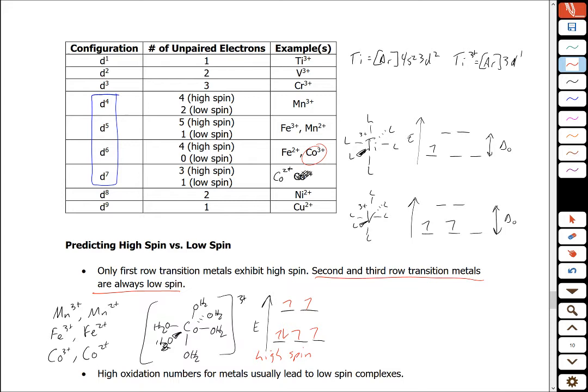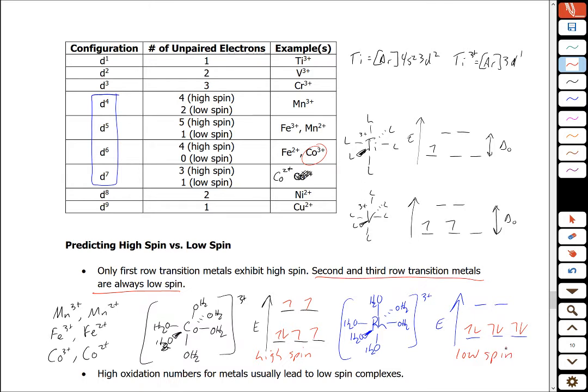It's high spin. If we did the same thing with the element right below cobalt, which is rhodium, and I put the 6 water molecules in there, and we talk about hexaaqua rhodium 3, and we draw the energy level diagram and put the electrons in, rhodium 3 is actually low spin.